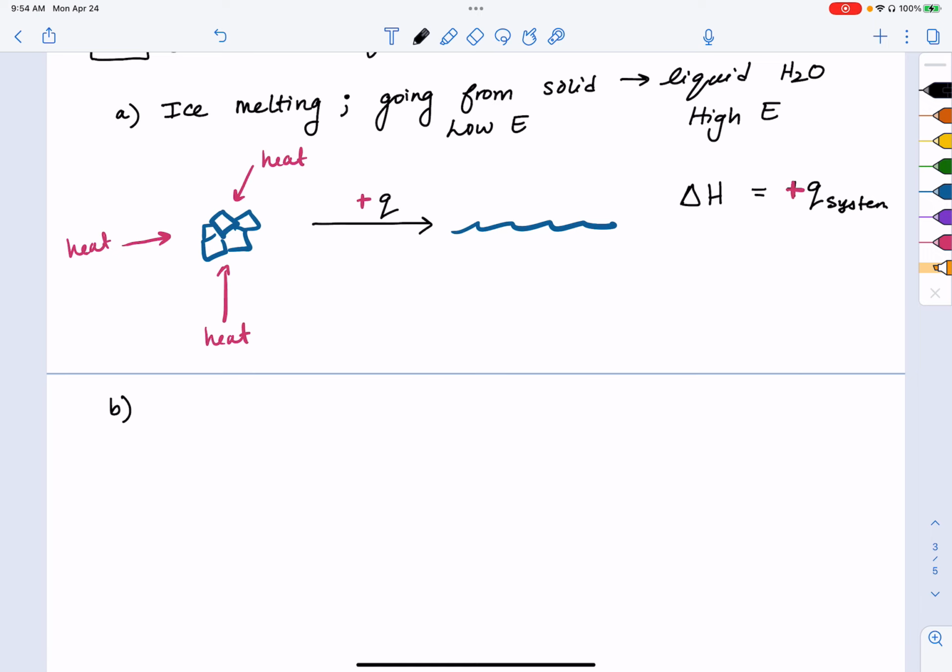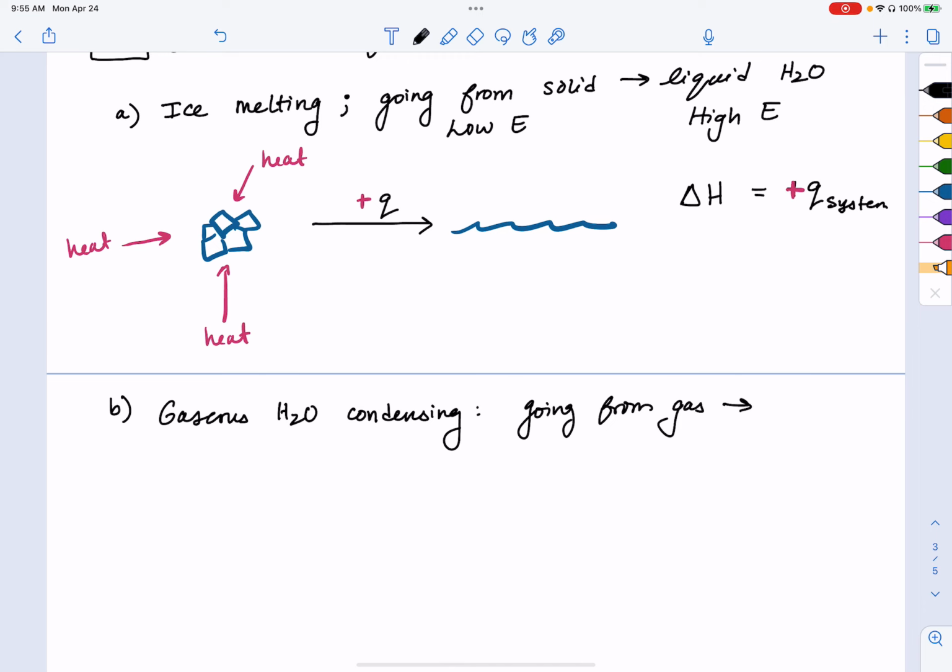Another example would be something like, let's talk about water vapor condensing, so gaseous water. Condensing. So if we've got gaseous water that is being condensed, we are going from a gas phase to a liquid phase.